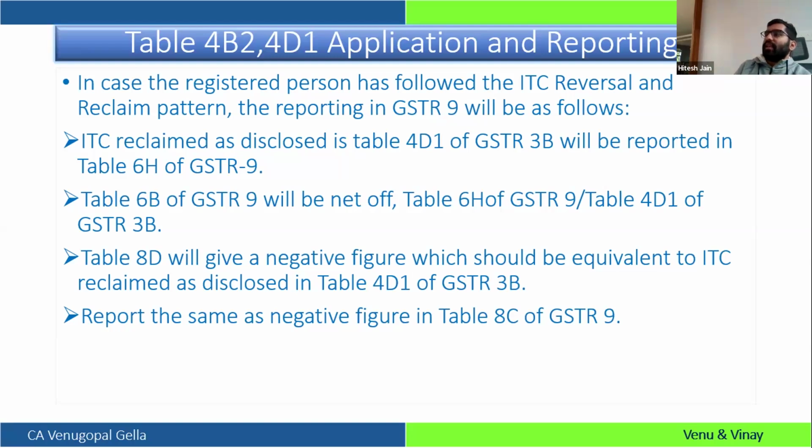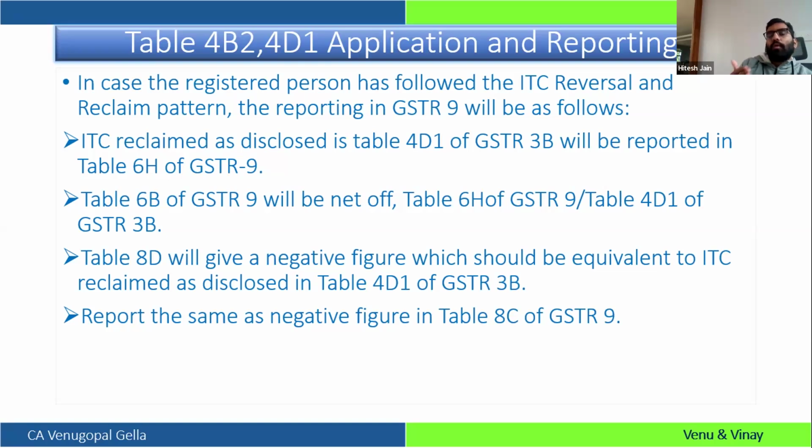Table 6A is still considering the figures of total of table 4A, which means suppose in the month of January, I had to reverse 1 lakh ITC in table 4B2. So I reversed it in table 4B2. But in the month of February, when I reclaimed such ITC to the extent of 1 lakh, I added it in 4A5 and I also disclosed it in 4D1. Accordingly, my 4A5 got inflated by rupees 1 lakh.